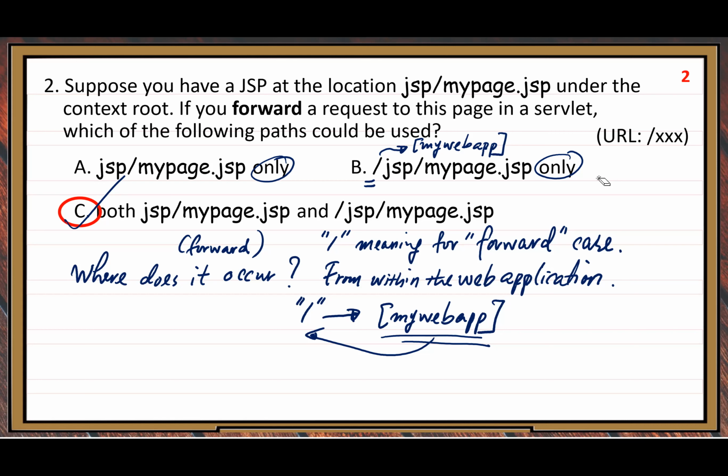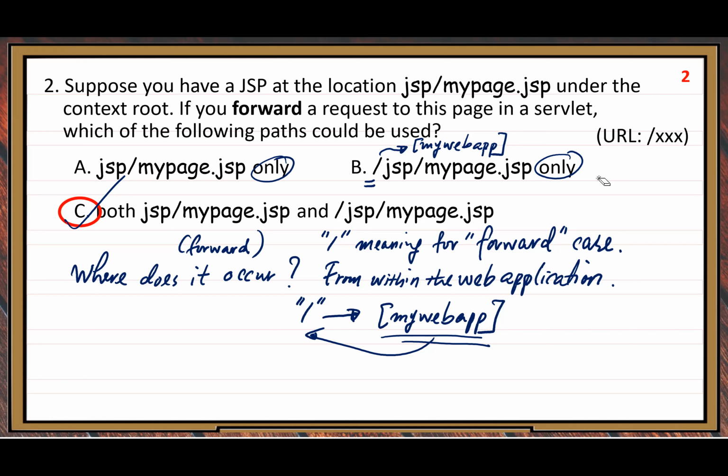So I hope from these two examples, the most important thing you understand is that the root meaning is different for redirect and forward. That will impact absolute URLs. For an absolute URL, you need to start with the root symbol.